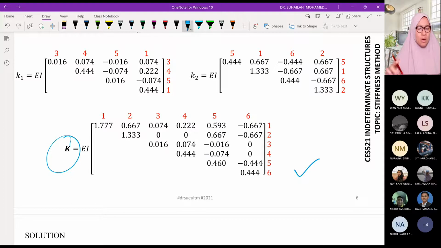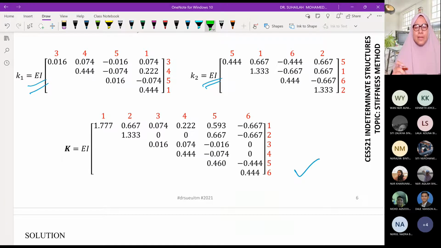EI is constant, so we have to find the values 1,1, 1,2, 1,3 until 6,6 from K1 and K2. This is simple mathematics.